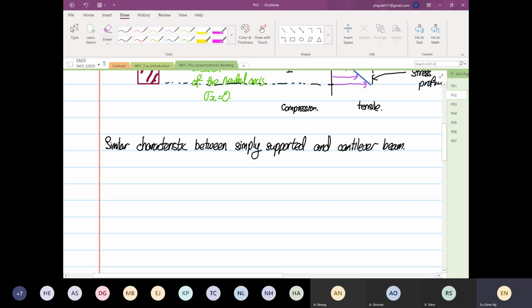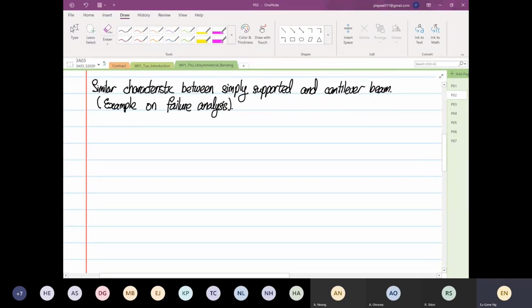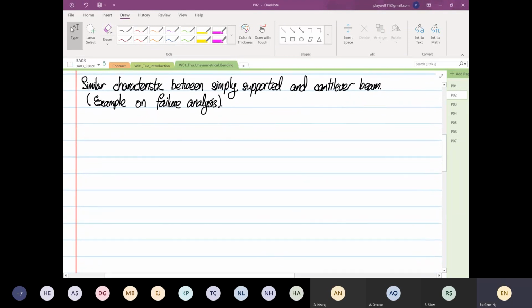And I want to highlight for you down here, this is a typical example on failure analysis. Okay, so I'm going to draw a simply supported beam.